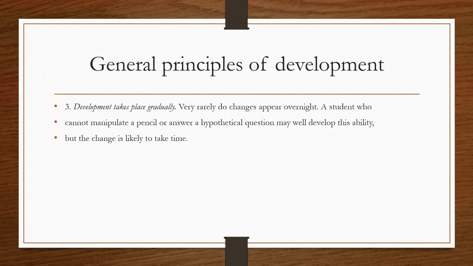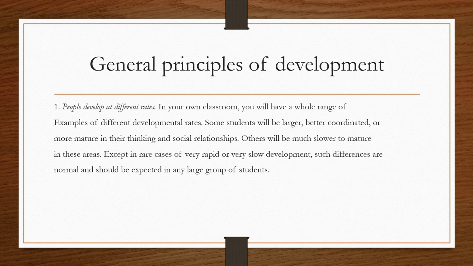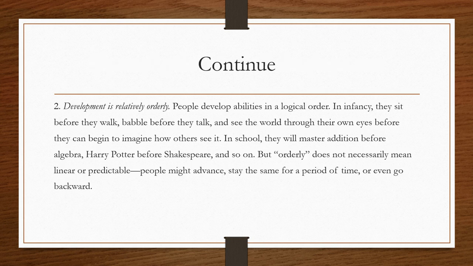So he wouldn't be able to answer these hypothetical questions until he develops his own psychology, his own mentality, until he learns different things, how things are happening in his life. He'll be able to answer these questions when he gets experience and when he is knowledgeable about certain things.